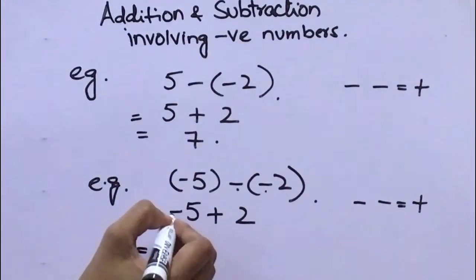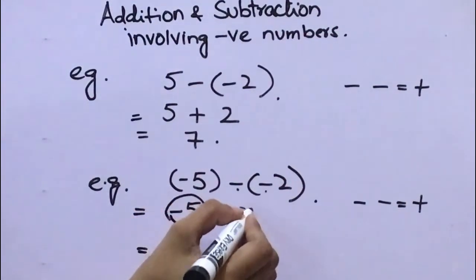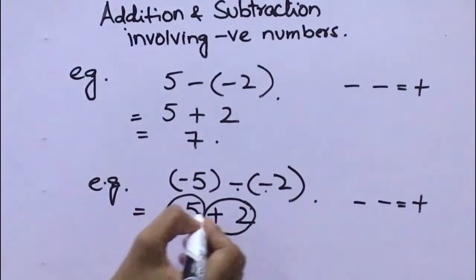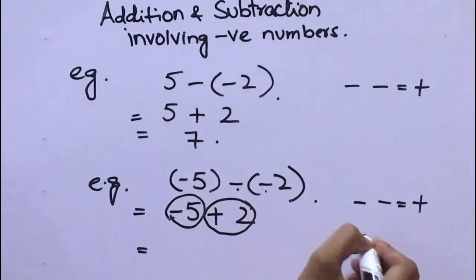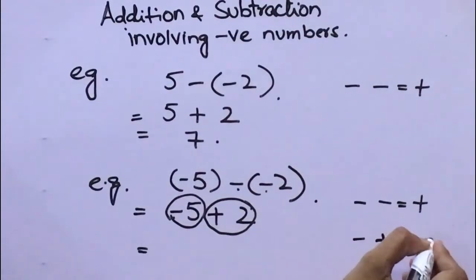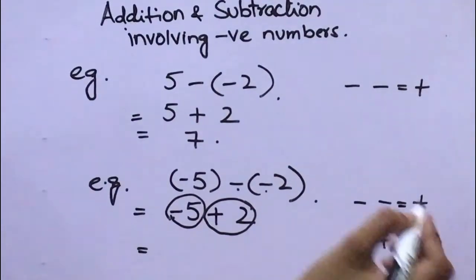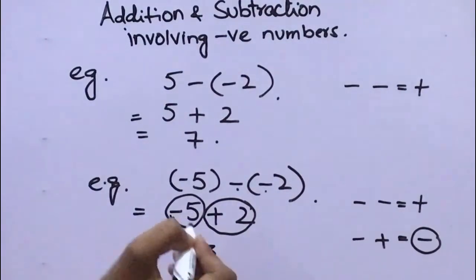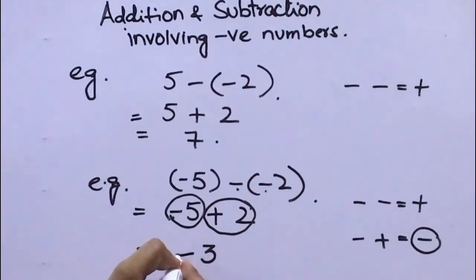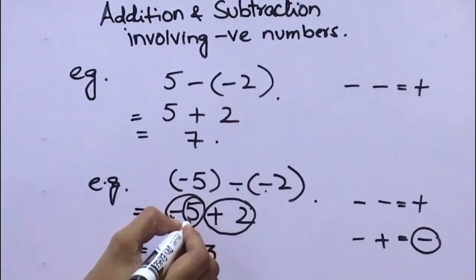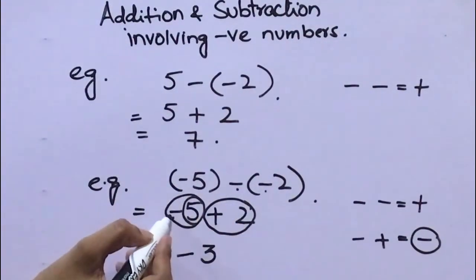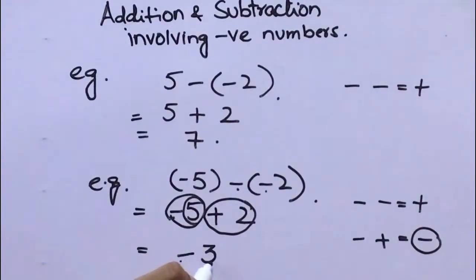Now we have minus 5, a negative number, and plus 2, a positive number. Minus and plus, when they collide with each other, will operate like minus. The operation would be minus. So 5 minus 2 would be 3, and the sign will be minus. Why? Because 5 is the greater number as compared to 2, so we will use the sign of 5. Minus 3.